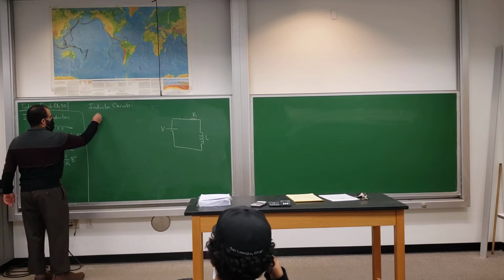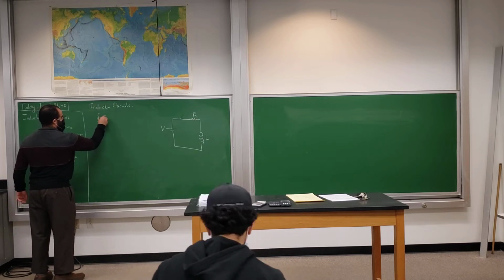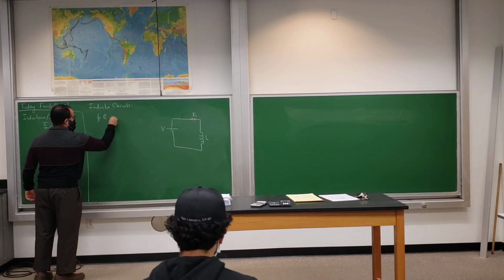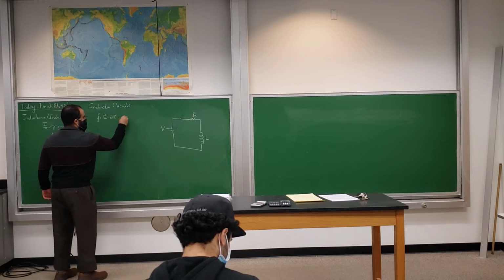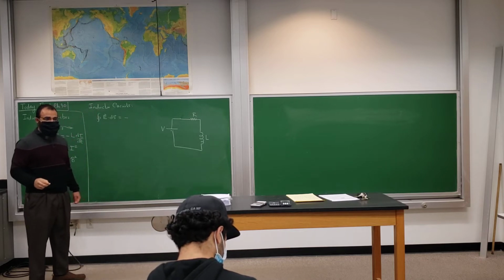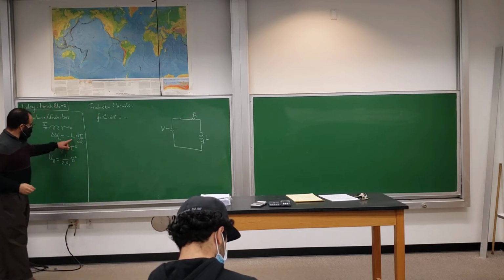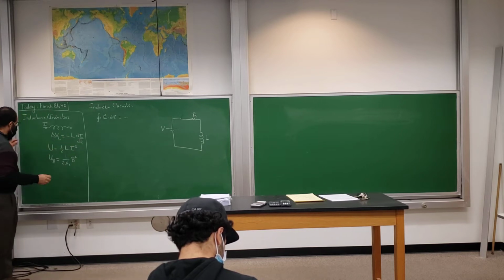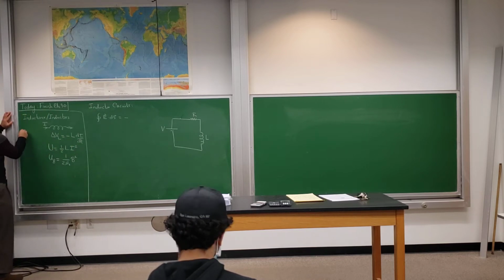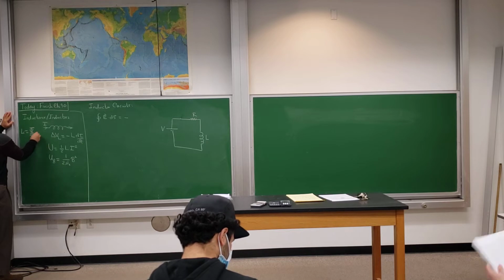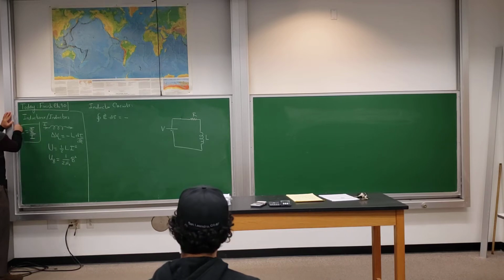So Faraday's law says the integral of E dot ds is equal to minus d phi dt, the time derivative of the flux. And the time derivative of the flux is L di dt. Because remember, the inductance was defined as the flux over current, right? That was the definition of inductance.